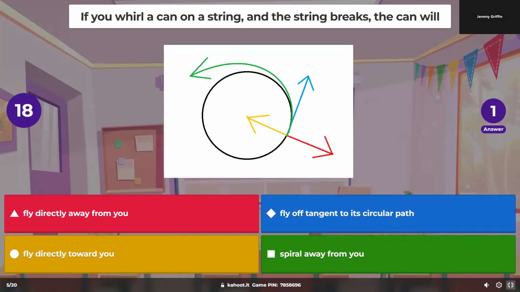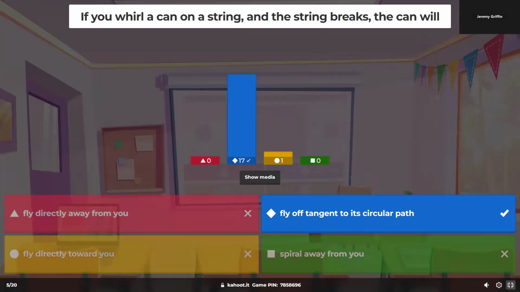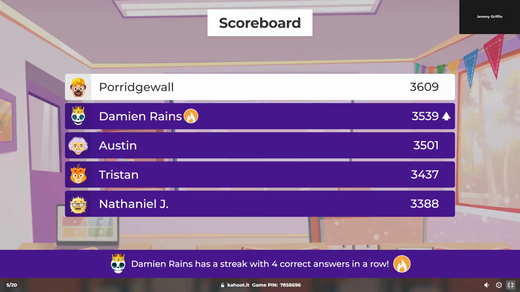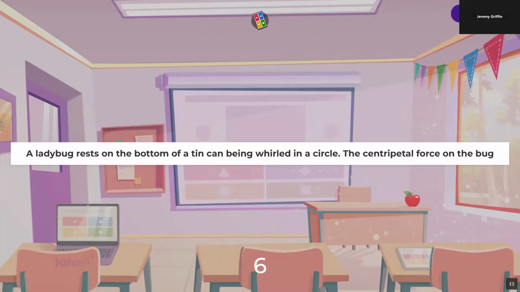Which way? Which color? Yeah, it can't do a circular path. Alright. Ladybug at the bottom of the tin can being whirled in a circle.